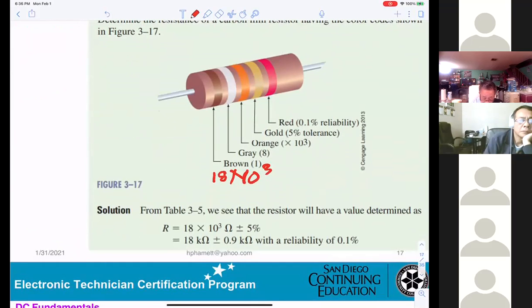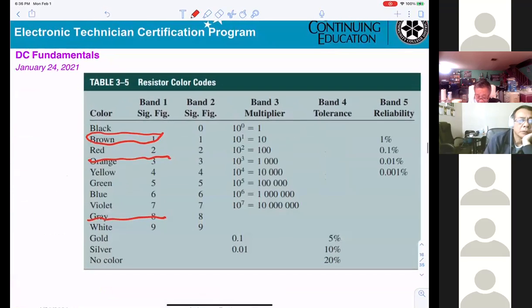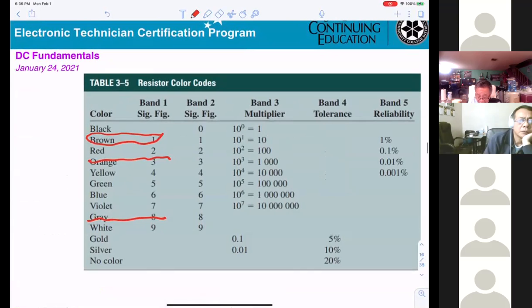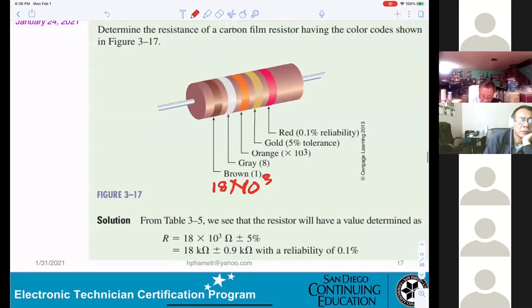Okay. And then they get the red, 0.1. That means plus or minus 0.1%. So basically, that will be 18 times 10 to the power of 3 ohm, plus or minus, they say here, 5%.